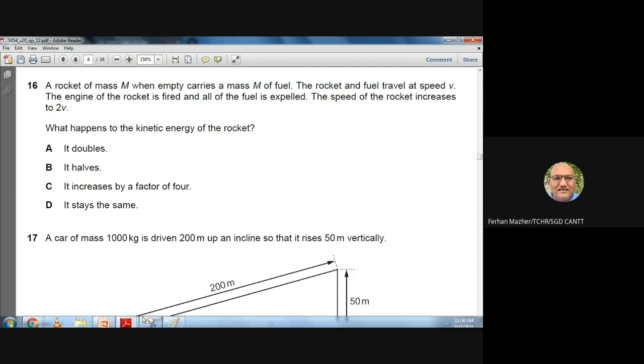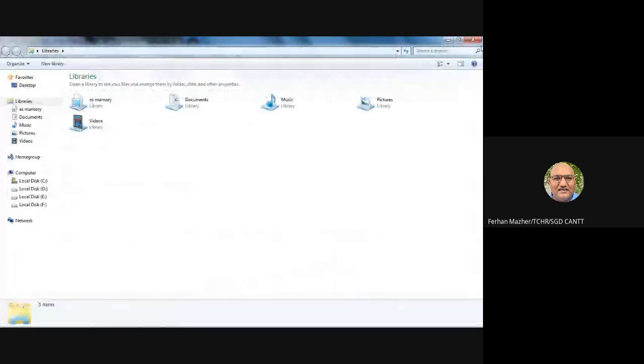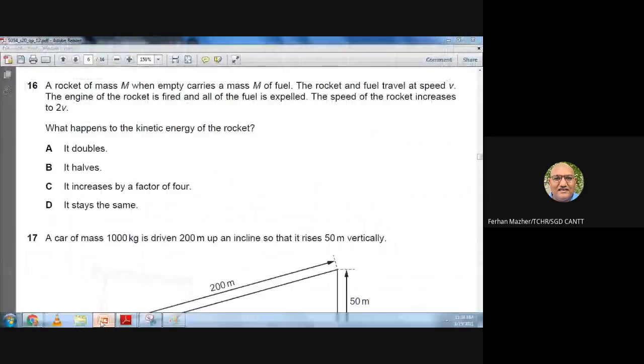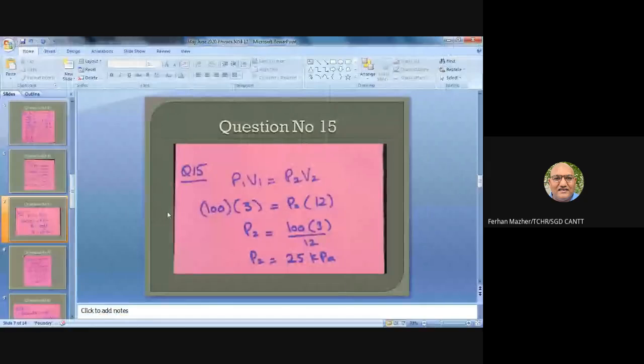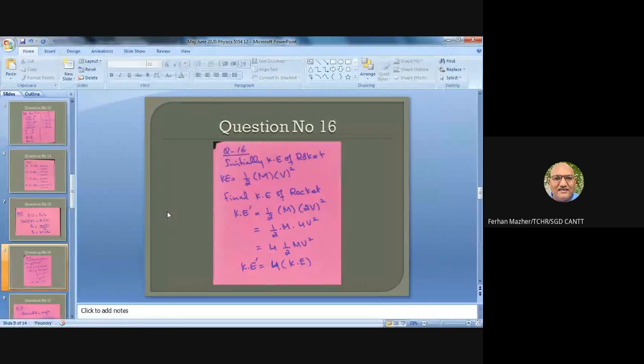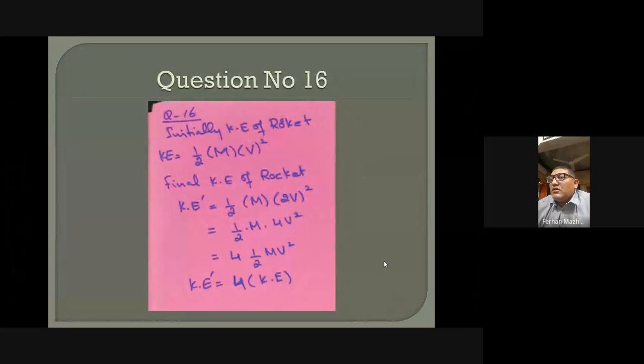Let me show you. I have done this on a paper. Let me show you that. Okay. So you see, one thing is very important, and I always tell my students that whenever you are working on physics, we never attempt any question whose answers we don't have.